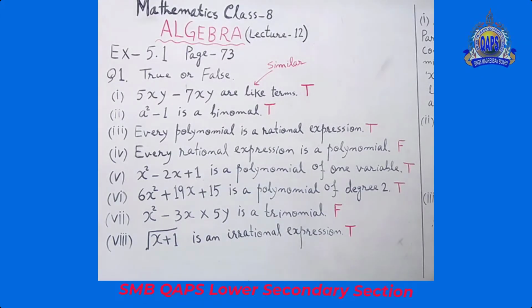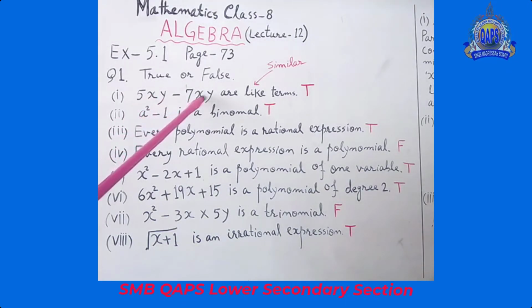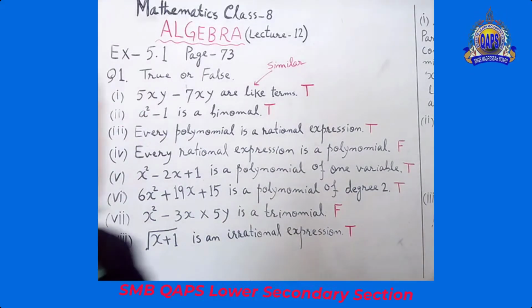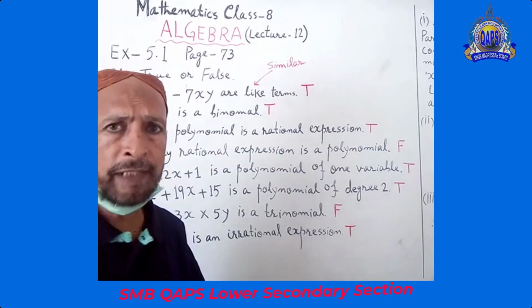But for example, if it's ab over here and xy over here, they will not be similar terms. They will be unlike terms. I gave you the explanation of this thing, and I hope you understand that.